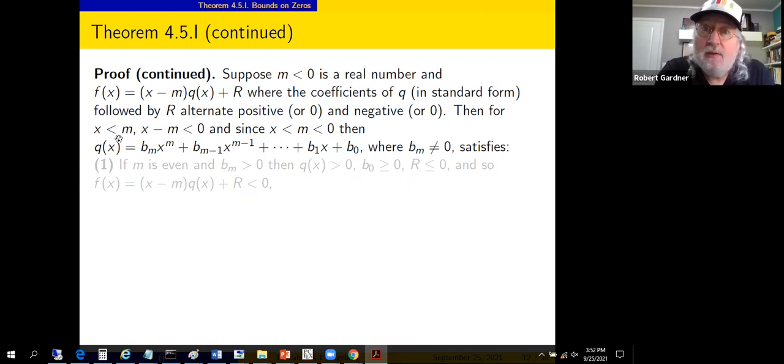It's the same thing we did on the previous slide, except we took x greater than capital M, and we showed f of x was not 0 by showing f of x was positive. Here, we're going to be showing that f of x is not 0, but we're going to have to break it into cases. I can't convert all this alternating between positive or 0 and negative or 0 stuff into telling you the function is always positive or always negative.